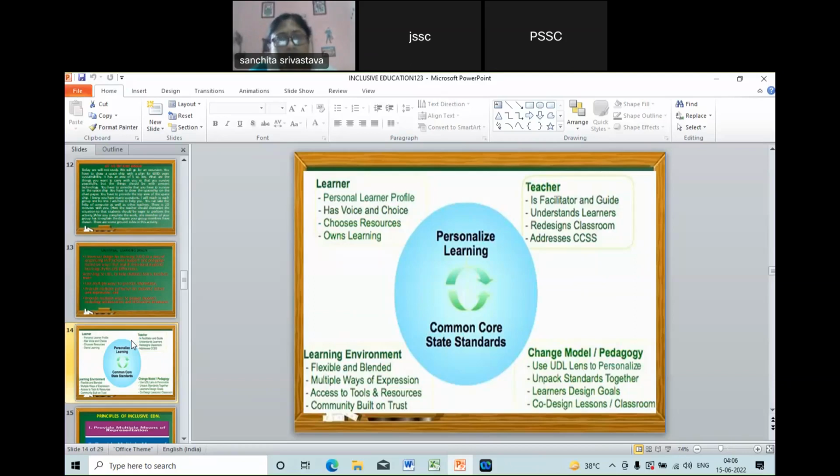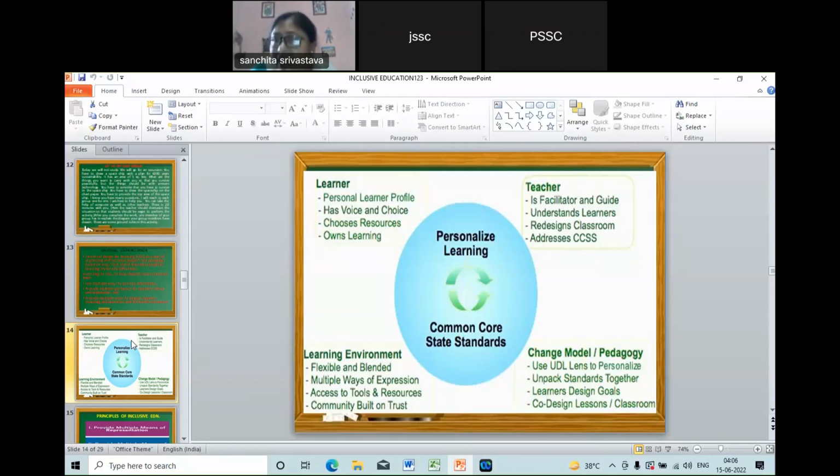And the child today has the power to choose resources. He has the power of Google, YouTube, so many different platforms, and the child knows where to get them. Because in our time, we had only the library, and the child today is not restricted to the textbook content.